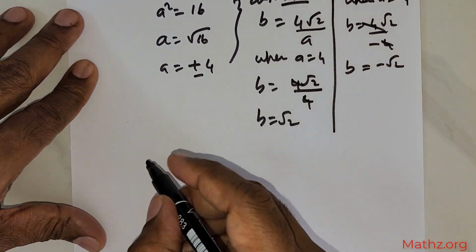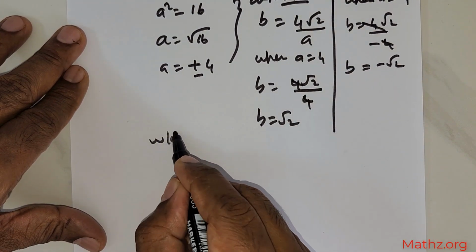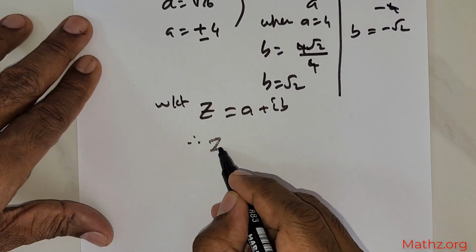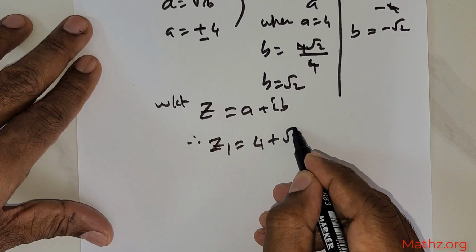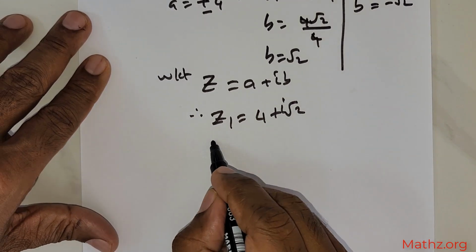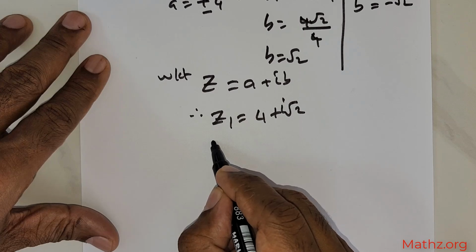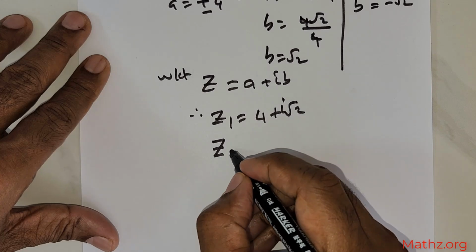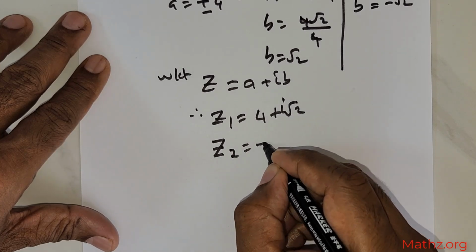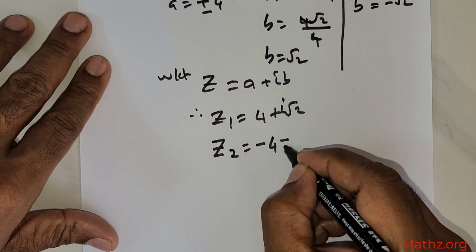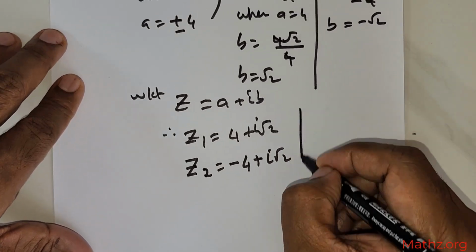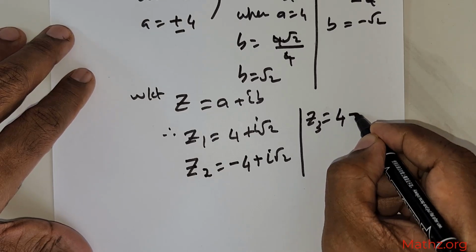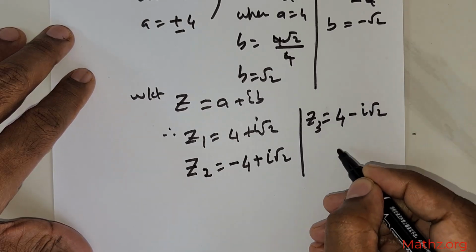So they are asking us to find all complex numbers. So we know that the form of z is a plus ib. Therefore z1 is 4 plus i times root of 2, and the other possibility, z2, is equal to negative 4 plus i times root 2. The other possibility, z3, is 4 minus i times root of 2.